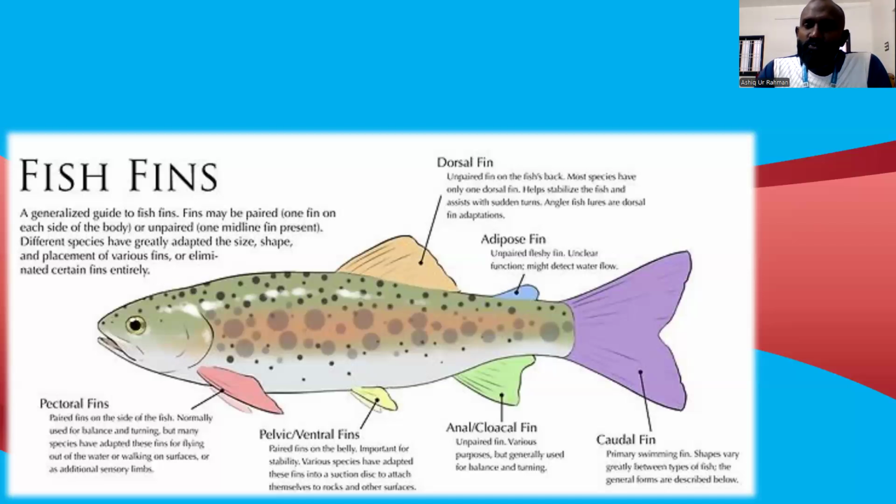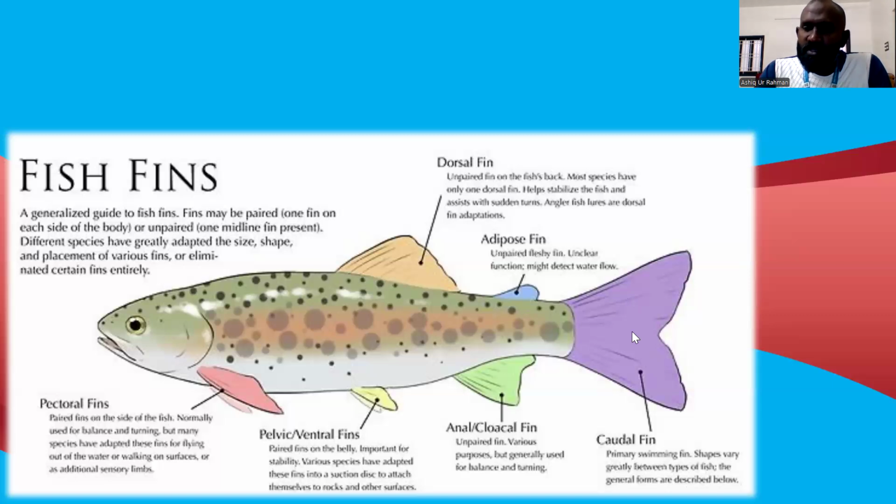Apart from these two fins, all the other fins are unpaired fins. Say for example, dorsal fin is an unpaired fin. And anal fin again is an unpaired fin, which means that it occurs in only one in number. And also adipose fin and also the caudal fin.